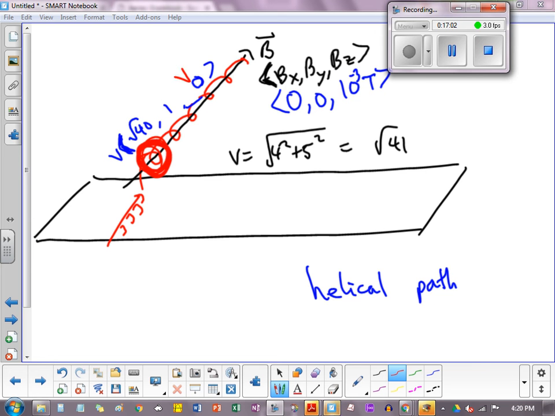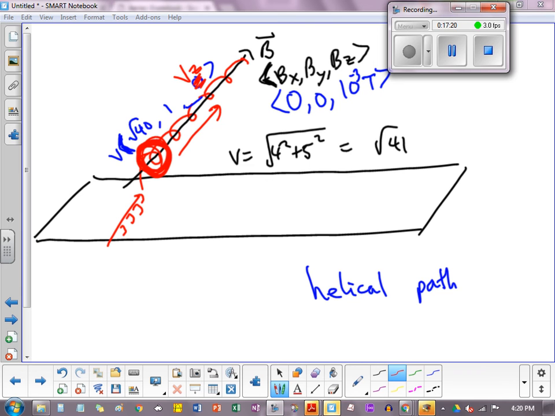But if this was, say, v sub z, that value would never change. So I kind of said that wrong the first try. It's always square root of 41 for these first two, and that will never change. And if it is 0, you'll get a perfect circular motion. But if it's anything else, it'll move in a helix path.